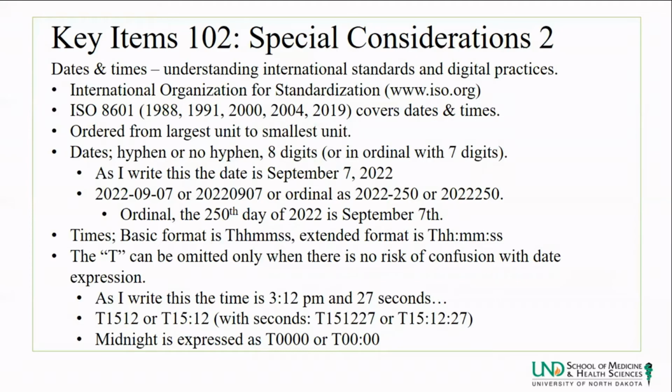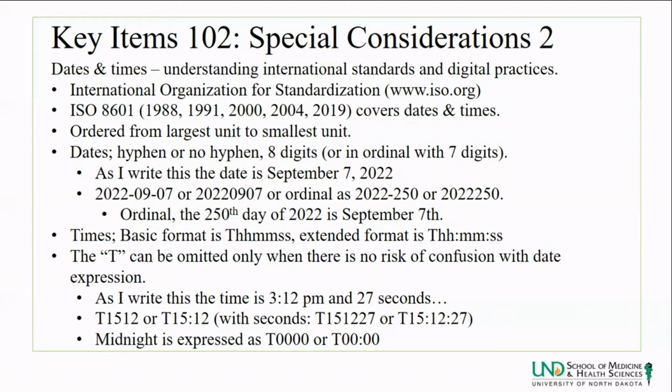The basic idea of this international standard is to order a date or time from largest unit to smallest unit. Largest unit of time, maybe light years, or maybe just years, down to the smallest unit, seconds, for instance.